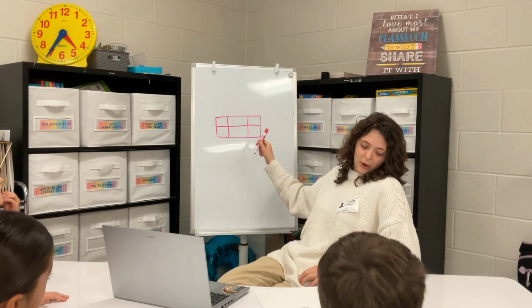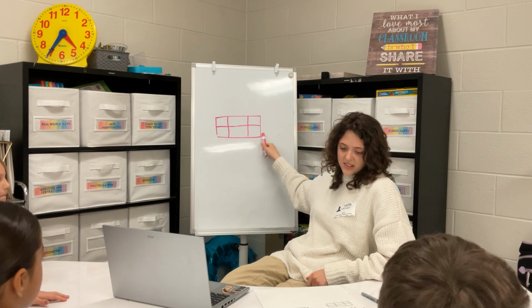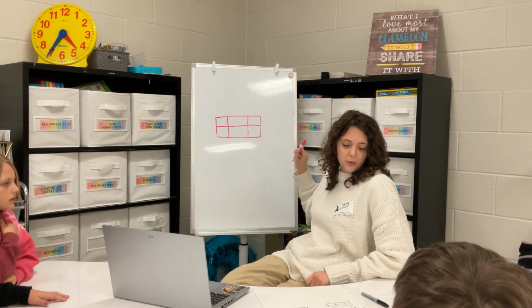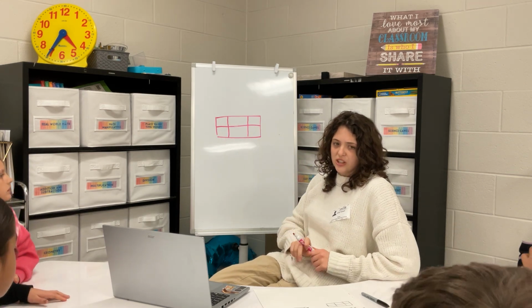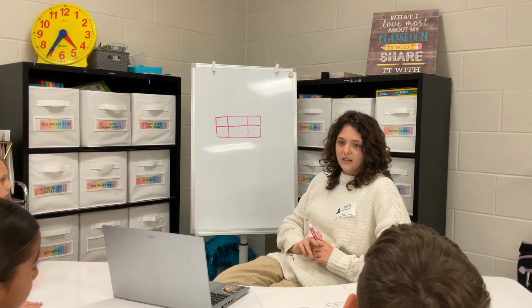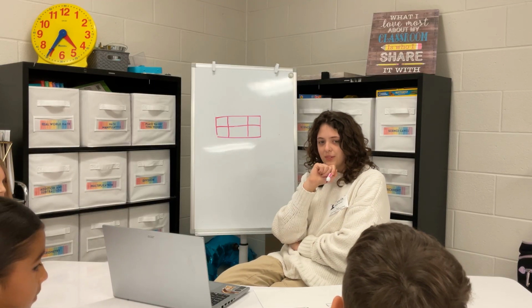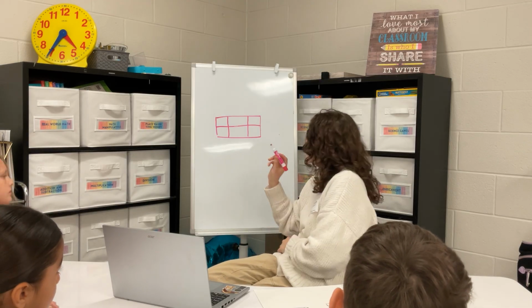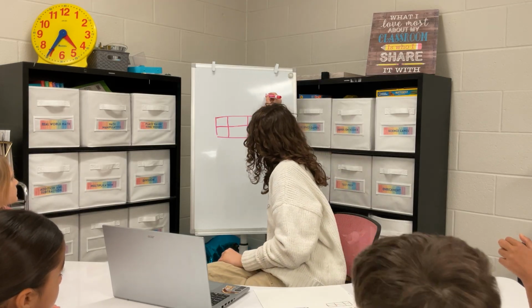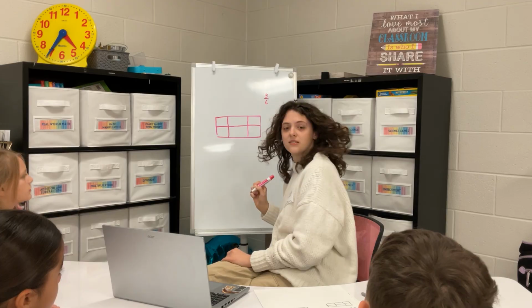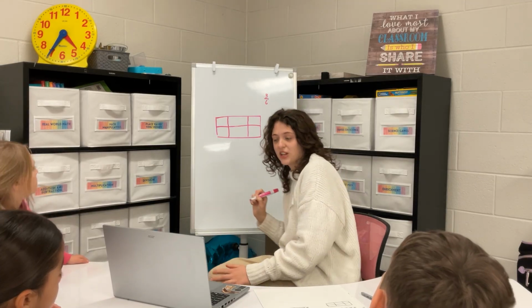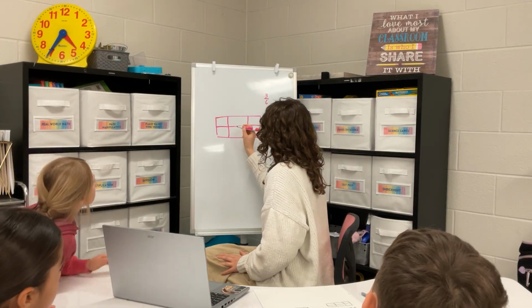If you eat 3 pieces, what fraction of the bar did you eat? 3/6. How did you get to 3/6? If you ate them, you shade them. You want me to shade them? So we're visualizing again. So we're going to shade 3.